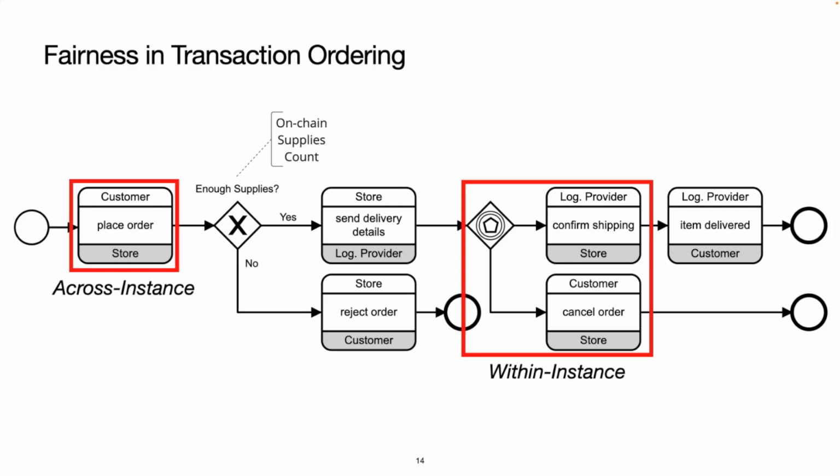If a customer was selected as miner, they can for sure censor the transaction of the other customer. We also have it within an instance. Here, as I said before, the first task that is taken wins and the other is canceled. So the customer can censor the logistic provider's transaction, which is confirming the shipping, or vice versa.